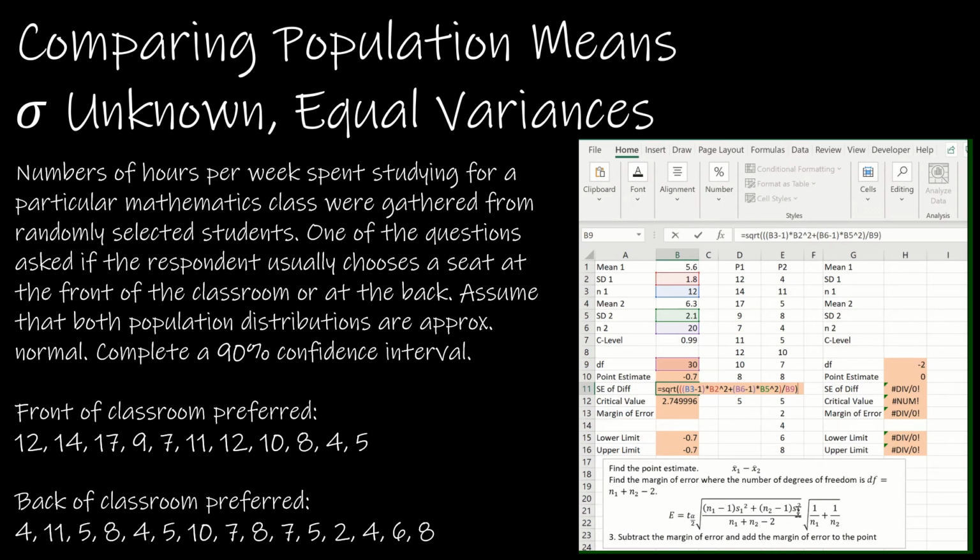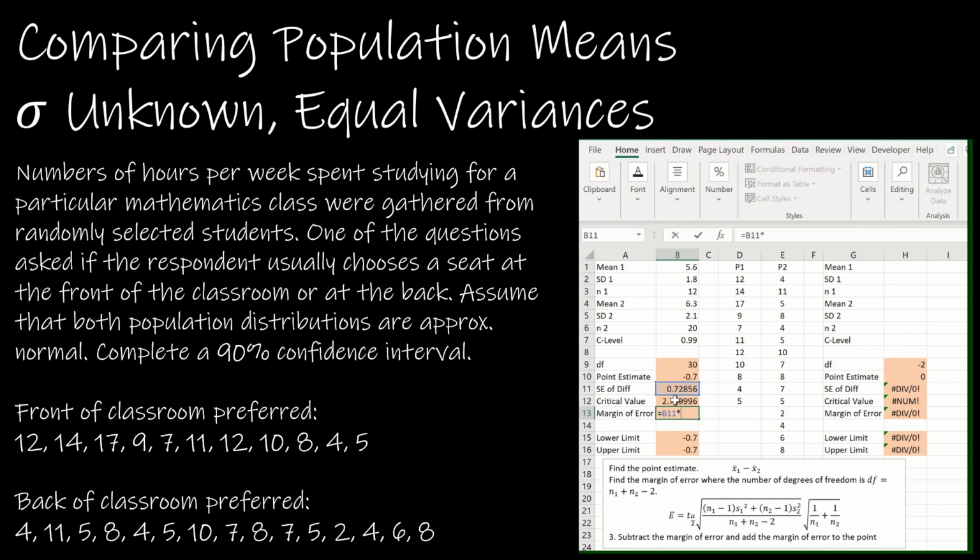Now I need to take that times, and now I need this second portion. So times the square root of 1 divided by n1 plus 1 divided by n2. And then, of course, the margin of error is going to be multiplying those two values.